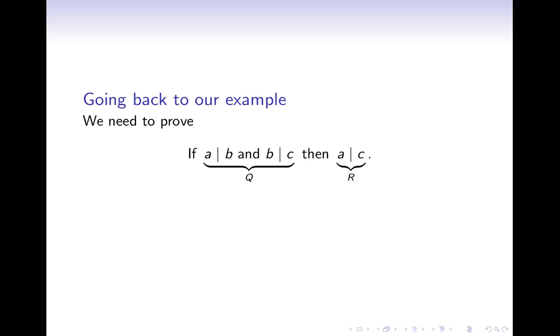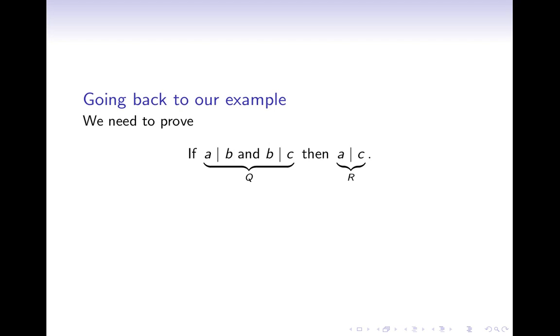So going back to the example we were just looking at, after assuming that a, b, and c were integers, we had to prove the if-then statement, the implication: if a divides b and b divides c, then a divides c.